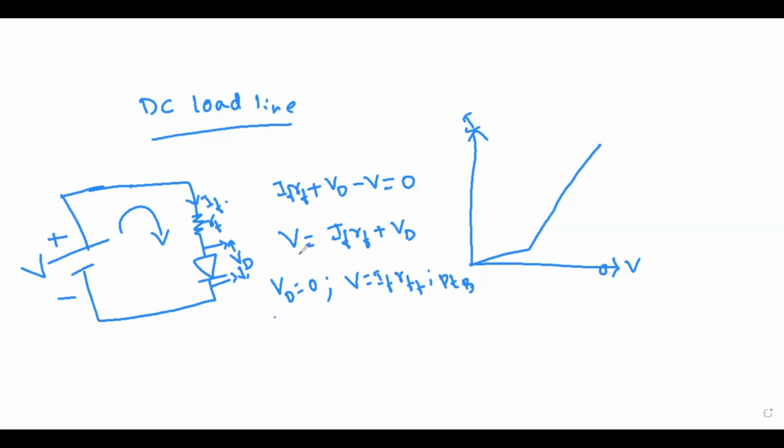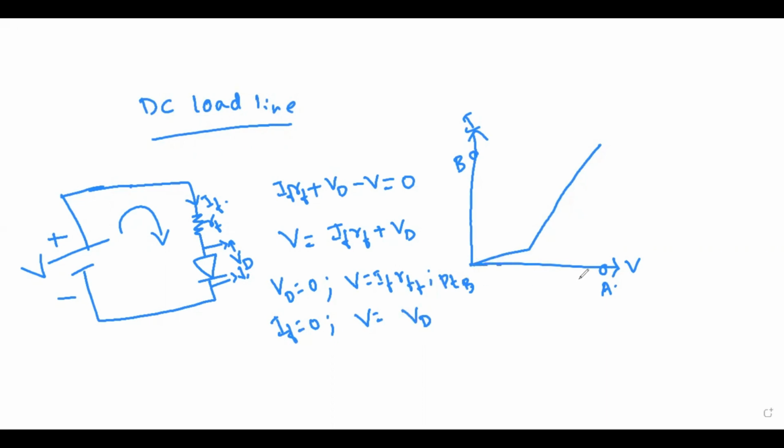In the same equation, if I substitute IF equals 0, then V equals VD. So this is point B and this is point A. Initially, when VD equals 0, you get V equals IF RF, so we get this point. And when IF equals 0, V equals VD, and you get this point. IF equals 0 means on this axis.